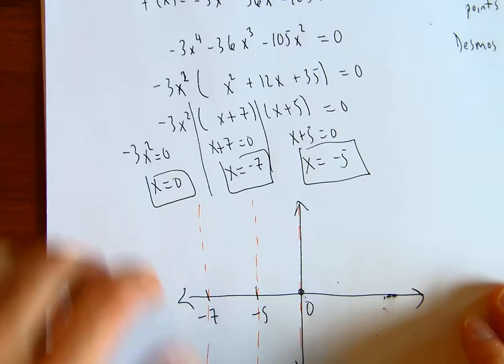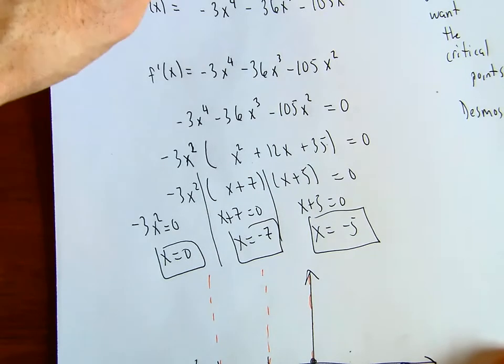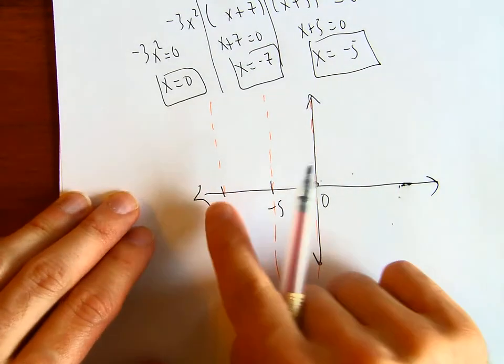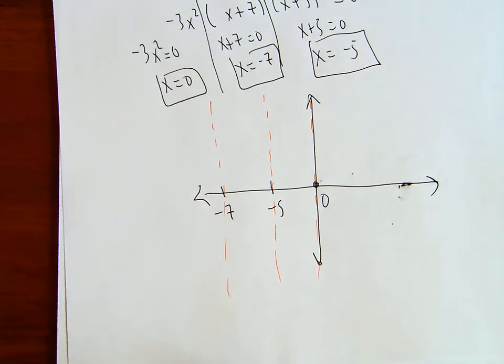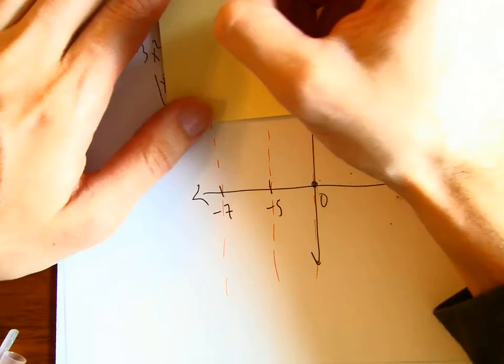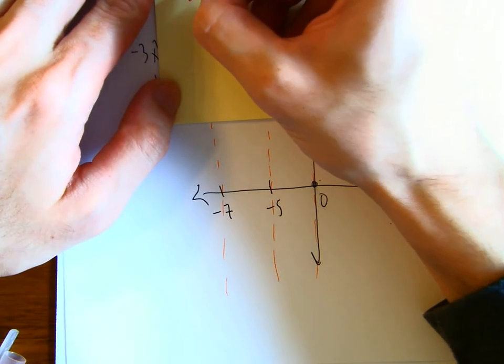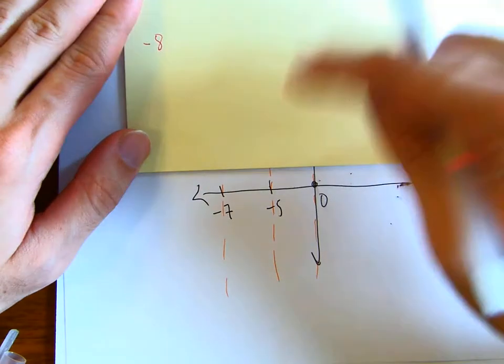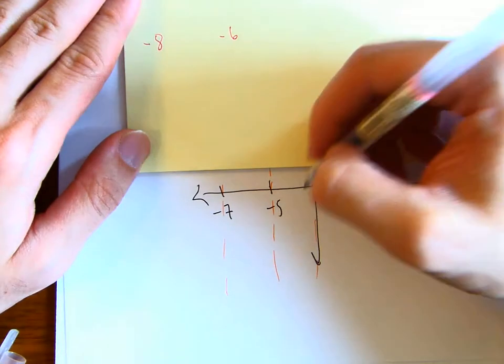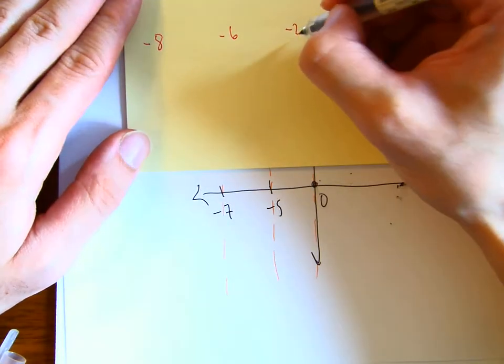But the question is, how do we actually figure out what's happening? All we need to do is plug in a number. So let's plug in negative 8. What's a number between negative 7 and negative 5? Let's plug in negative 6. Let's plug in, I don't know, negative 2.